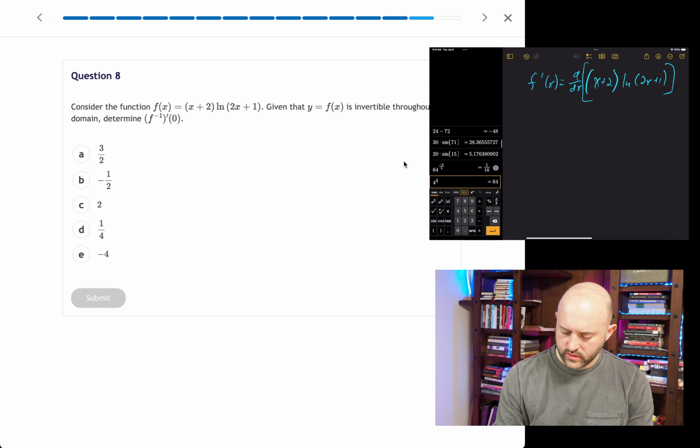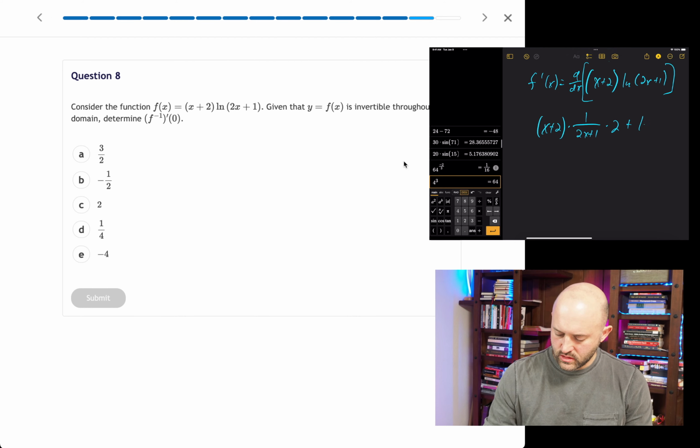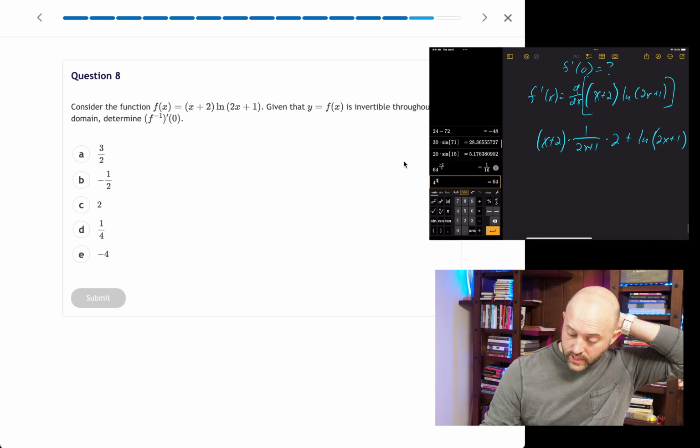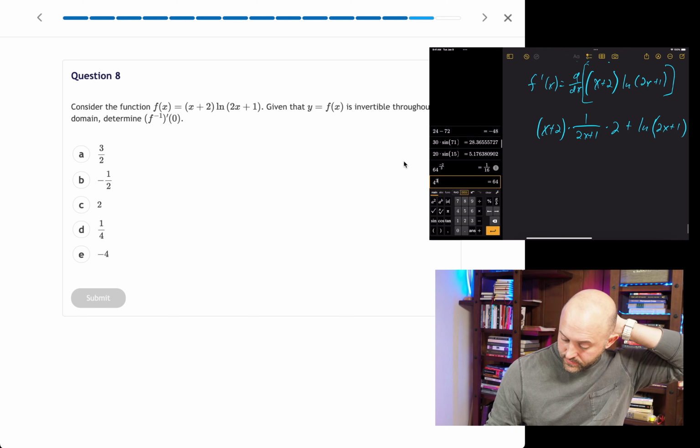Okay, let's just do product rule then. x plus 2 times the derivative of this one, which would be 1 over 2x plus 1 times 2, plus just 1 times the natural log of 2x plus 1. And we're doing this at f prime of 0.